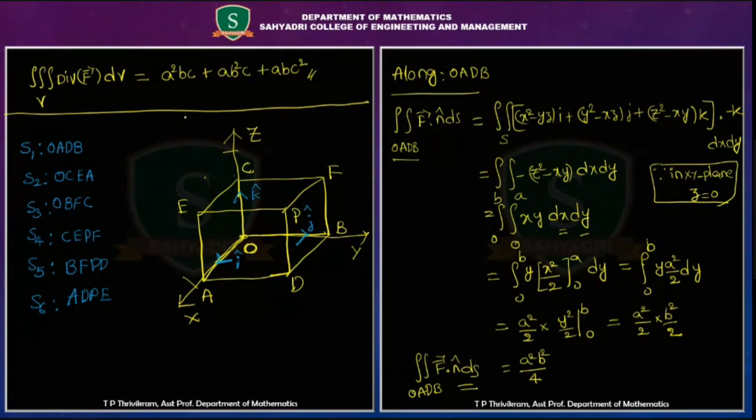The surface is this side, but the unit vector is moving the opposite side, right? So you have to take minus j there. Clear? Yes, sir. Whenever the unit vector is towards the surface, you take plus j. When the unit vector is away from the surface, you take minus j.